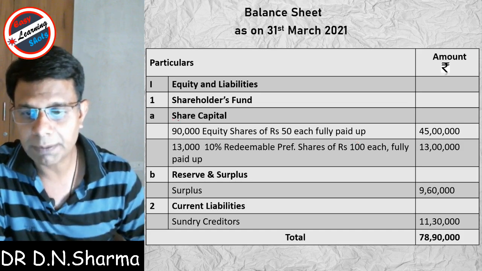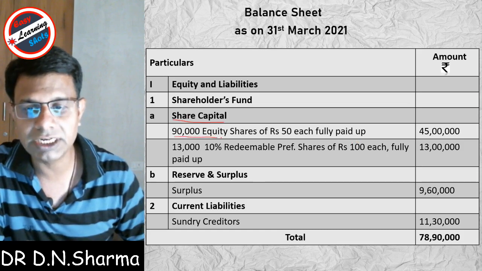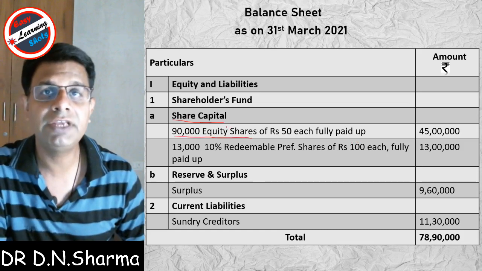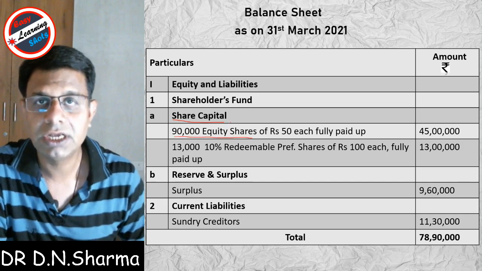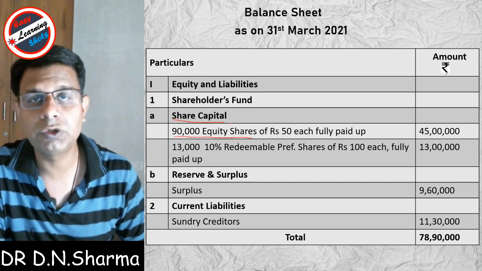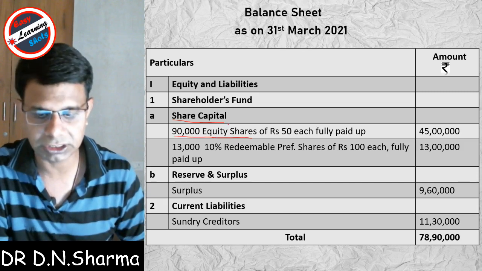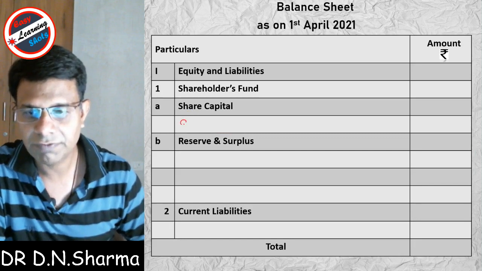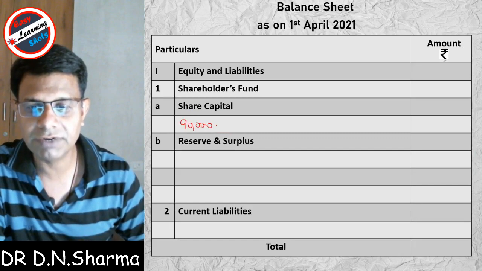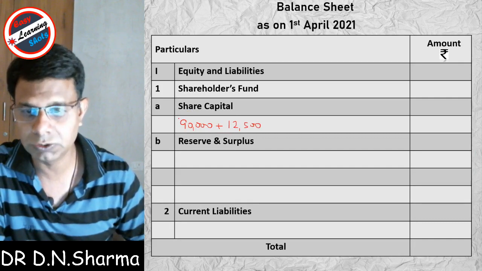Here in share capital, we already have 90,000 equity shares, and when we redeem the preference shares, for arrangement of funds, we issue 12,500 new equity shares. So first we write, we already have 90,000 equity shares plus 12,500 new equity shares we issued.